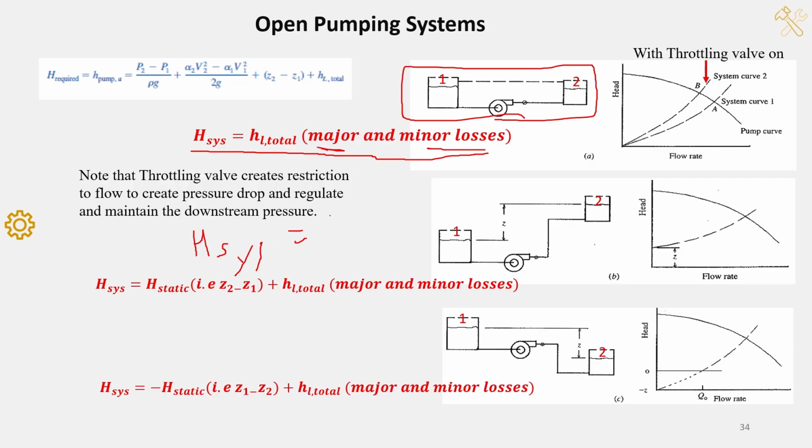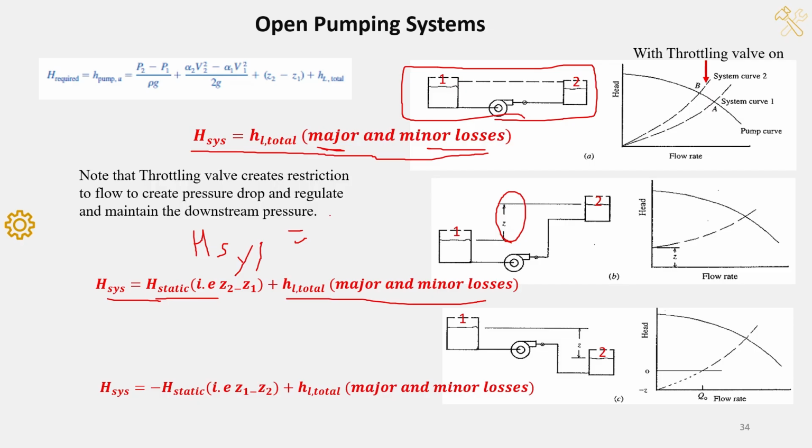Major losses come from the friction between the fluid and the pipe material, and minor losses come from fittings of the pipe. But sometimes we have an elevation head.